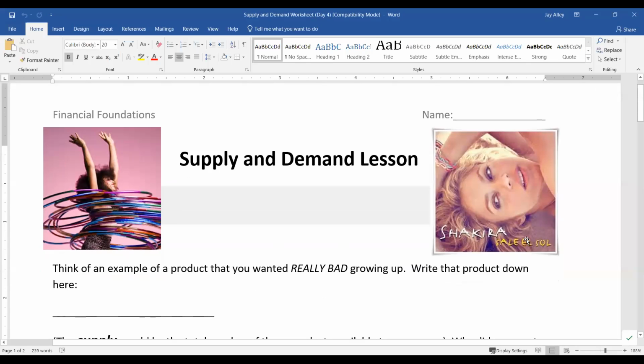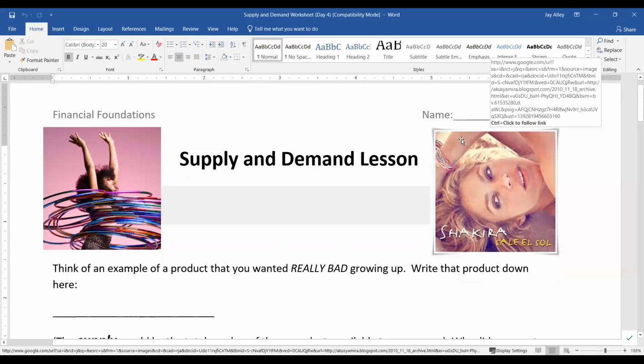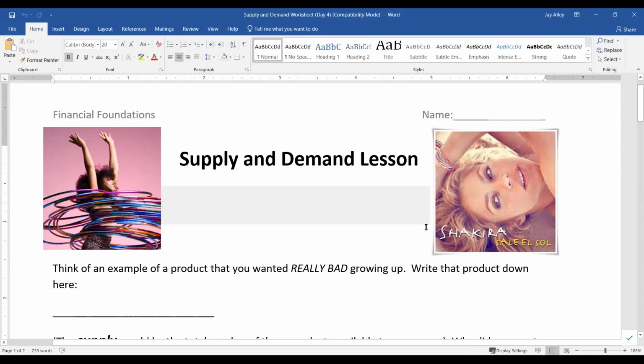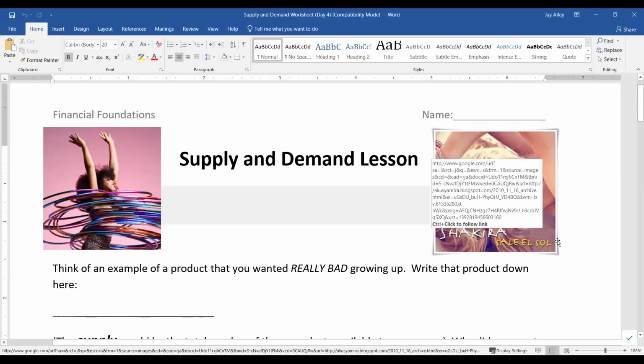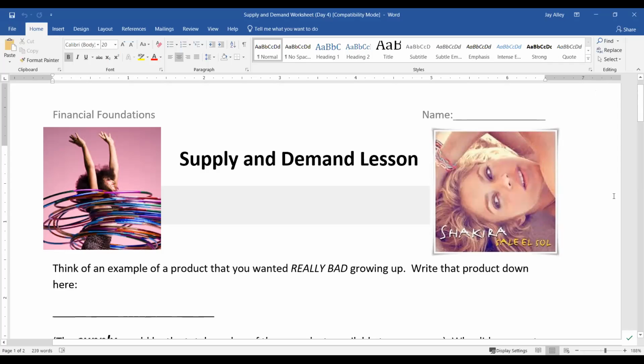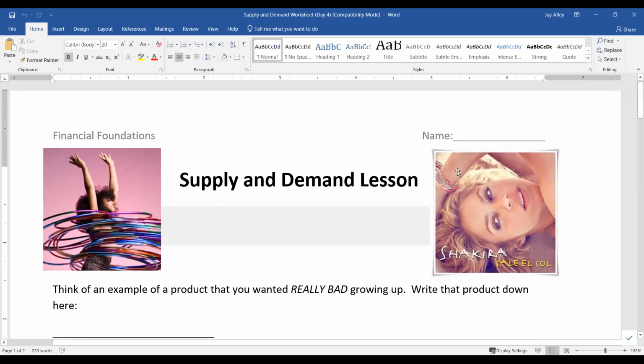Now, over here on the right, if you look at this woman's wrists, what's she wearing? Brianna? Oh, okay. She's got those silly bands on. I guess this is Shakira. I don't know who Shakira is.